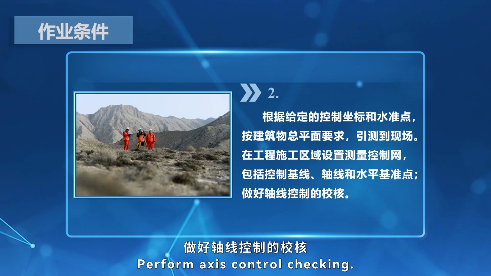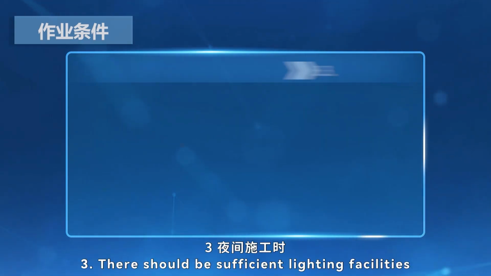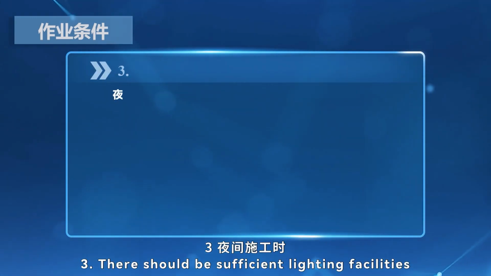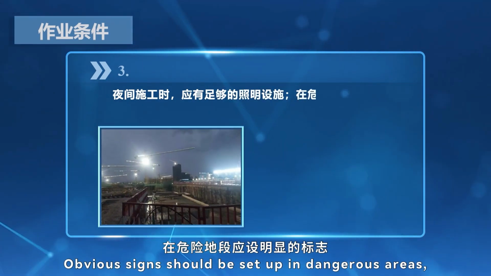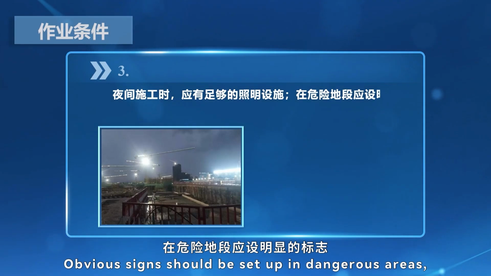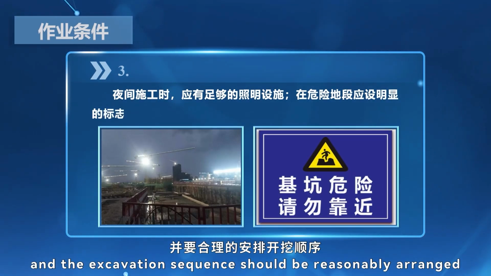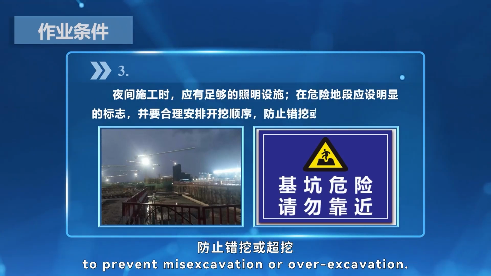Perform access control checking. 3. There should be sufficient lighting facilities during night construction. Obvious signs should be set up in dangerous areas, and the excavation sequence should be reasonably arranged to prevent mis-excavation or over-excavation. 4.